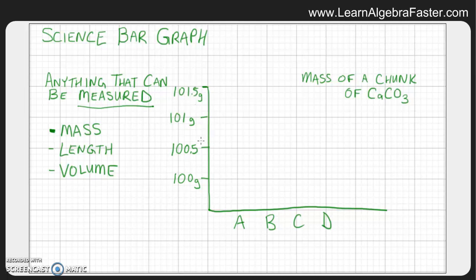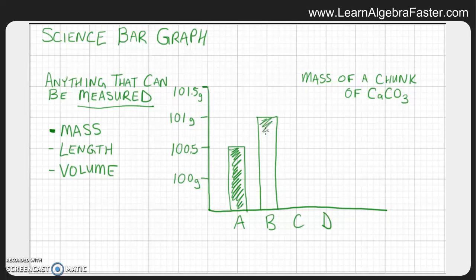And we have different people measuring the mass of this chunk. So maybe student A measures it at 100.5. So we log that and fill it in. Maybe student B measures it at 101.